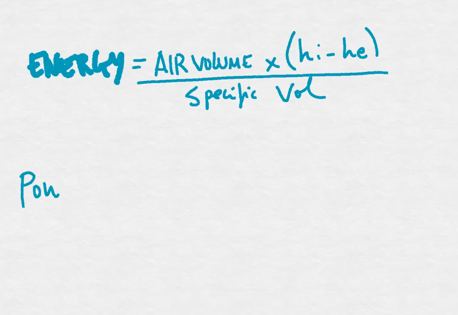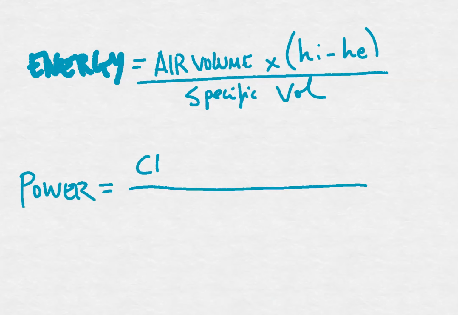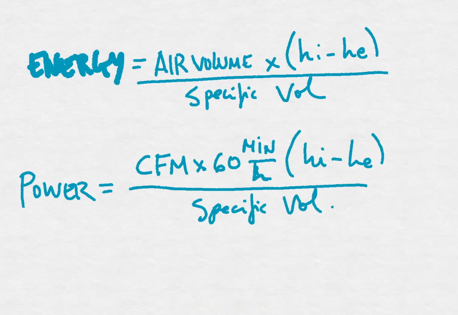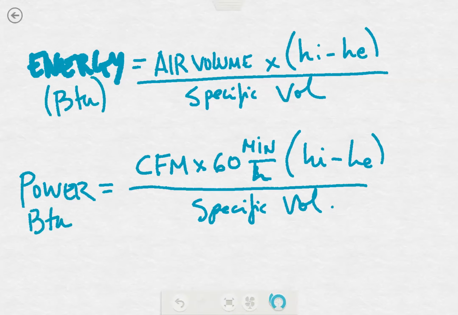Power equals CFM, cubic feet per minute, times 60, because this is minutes per hour, times enthalpy divided by specific volume. The energy is in BTU, and the power is in BTU per hour.